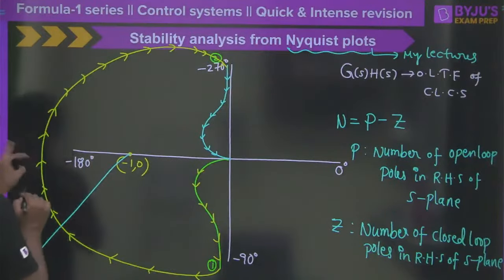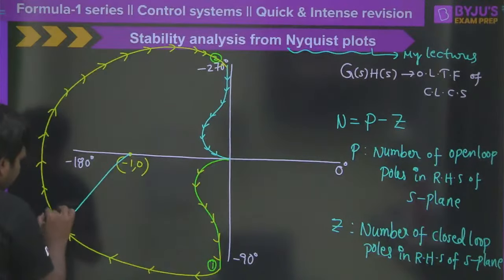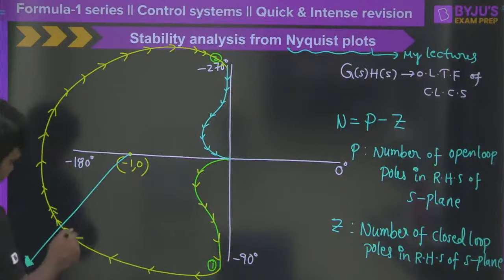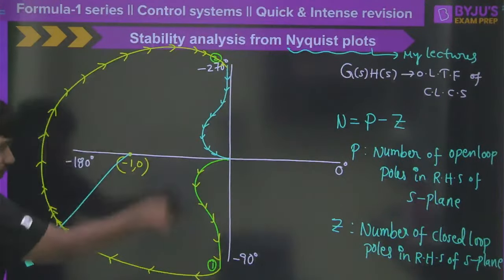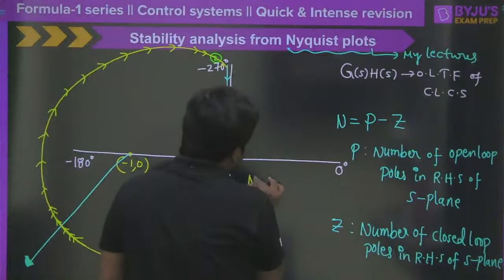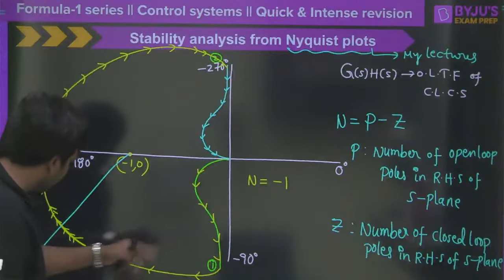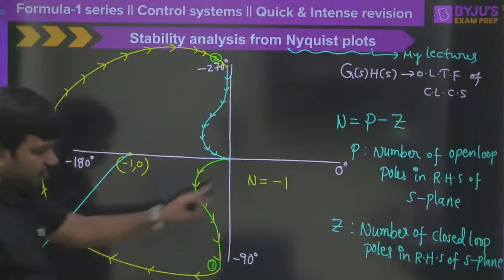And in the cutting, is this clockwise or anti-clockwise? It is cutting like this, so it is clockwise, correct? So if it is clockwise, then N would be taken as -1. Clear? N will be taken as -1 because it is cutting clockwise. So N is equal to -1.